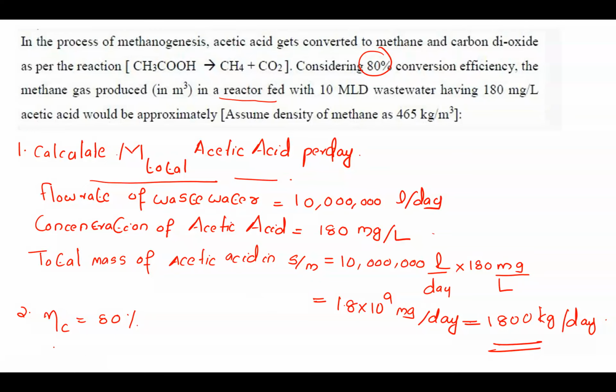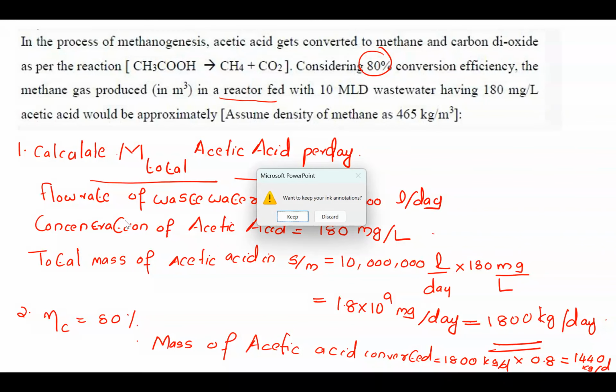Then you can write the mass of acetic acid converted equal to 1800 kg per day into 0.8, which is equal to 1440 kg per day. Hope till here it is clear.